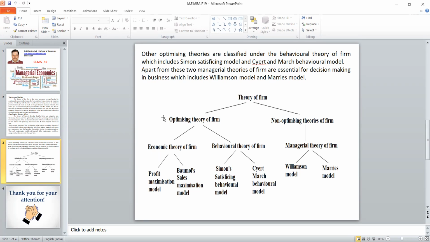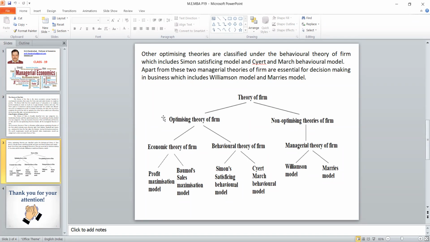So all these things should be optimized, and for that there are different theories. So the theory of firm is classified into two categories, and optimizing is further divided into two. The economic theory has two models, the behavior theory has two models, and the managerial theory has two models. Draw this hierarchy, and the answer will do. So you can secure all 8 marks.